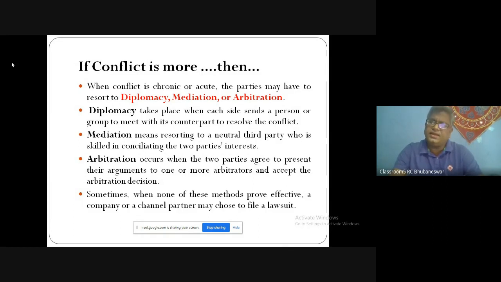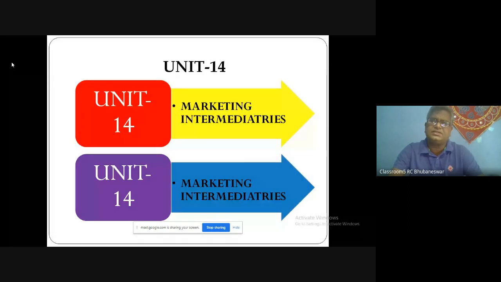Through different designs of such mobile phones, a bigger conflict arises, and they go to a particular court, and the court decides who may be the loser and who may be the winner. So these are some of the conflicts that arise in the distribution channel.